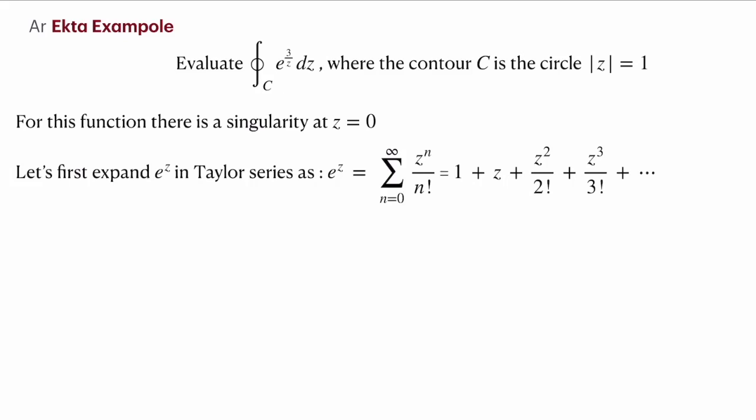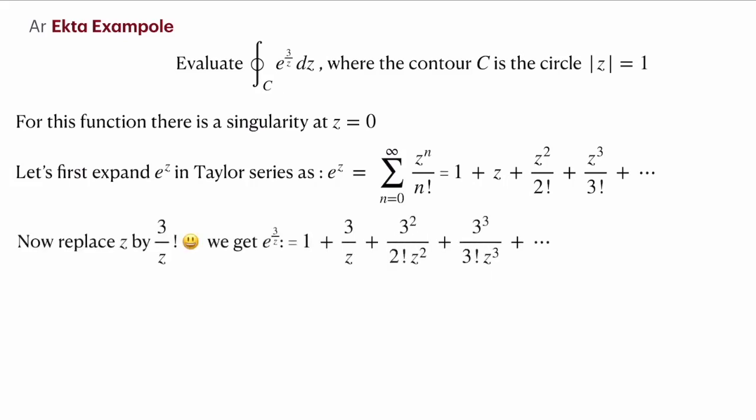So this is a simple expansion for e power z. Now replace this z by 3 by z, and then we get the expansion for e power 3 by z.